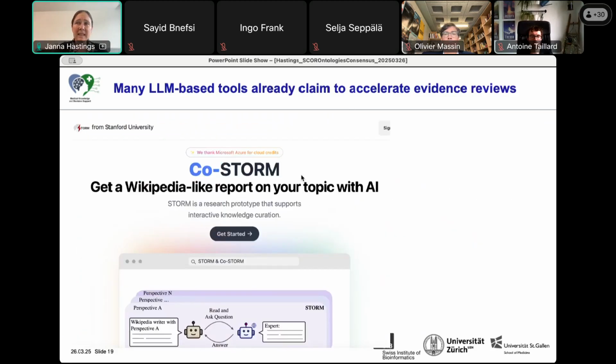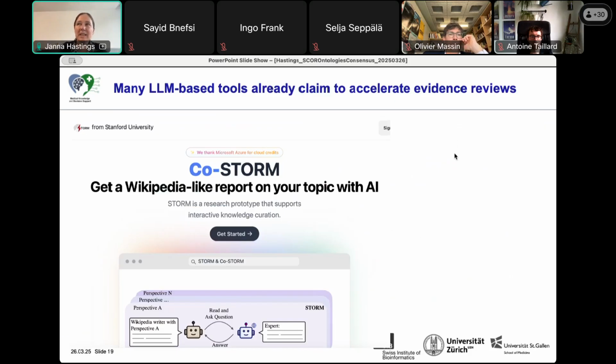And this is such an exciting and obvious application area for language models that by now there are probably more than 20 or 30 different applications that have already said they can accelerate or even do completely evidence management with language models.